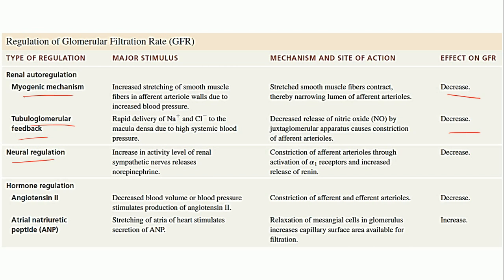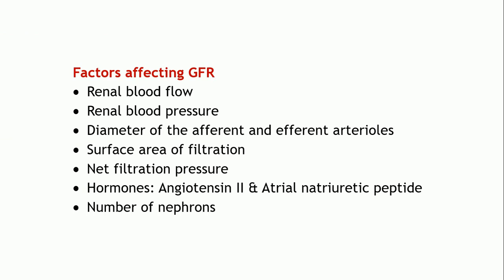Neural regulation decreases the urine output due to the increase in sympathetic system stimulation. Angiotensin 2 vasoconstrictor decreases the GFR, and atrial natriuretic peptide increases the GFR. Okay. So from this, what we can conclude, there are different factors which are affecting the GFR.